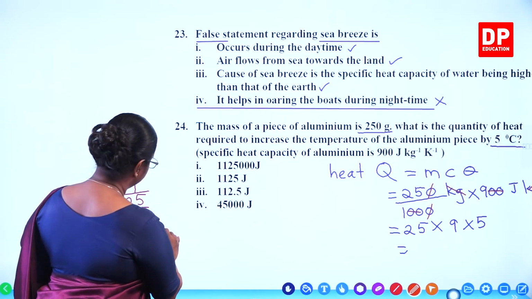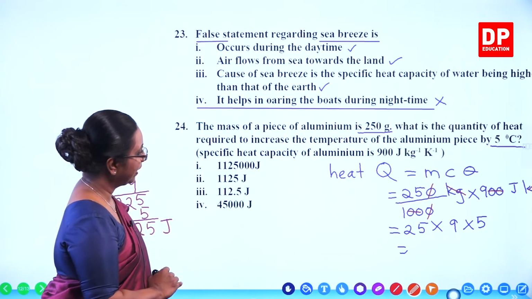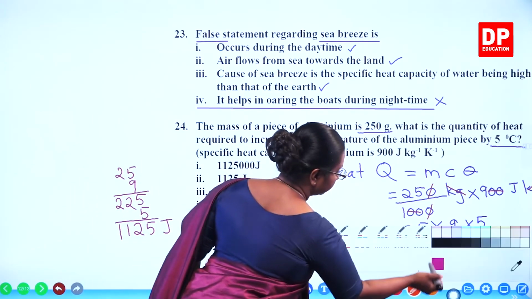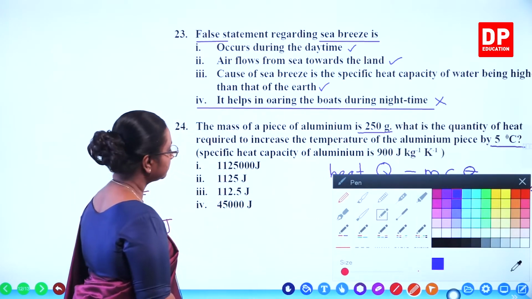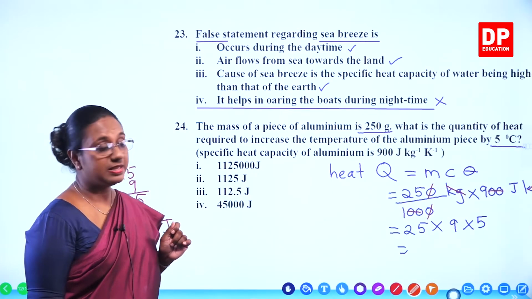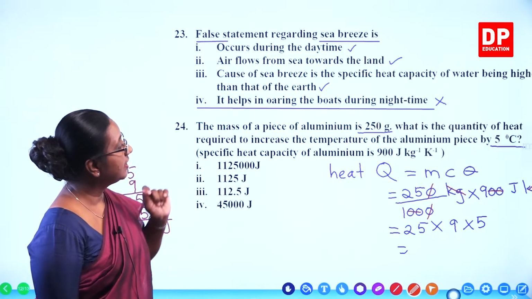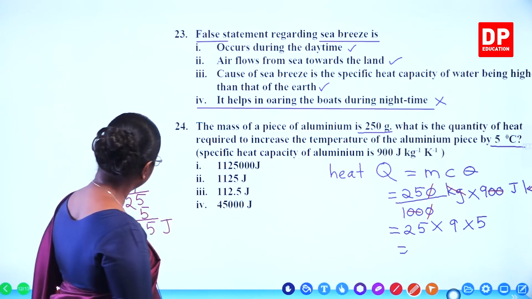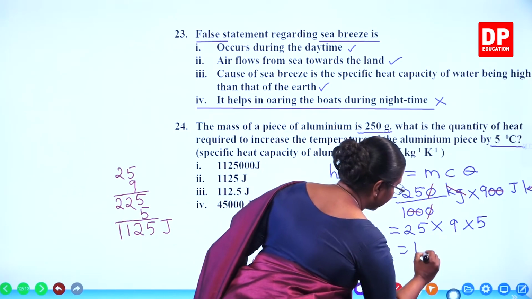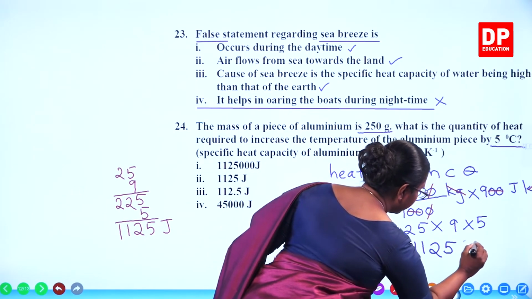The value has to be 1125 joules. So the mass of the piece of aluminium is given to us. We need to find the quantity of heat. We have calculated it as 1125 joules.